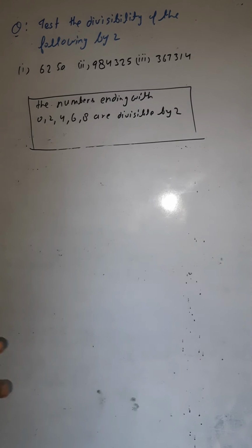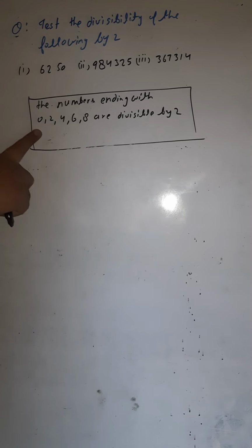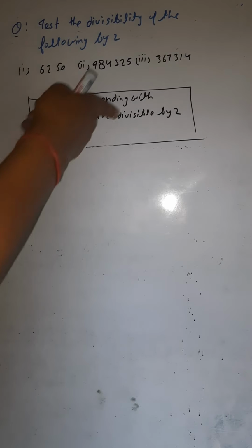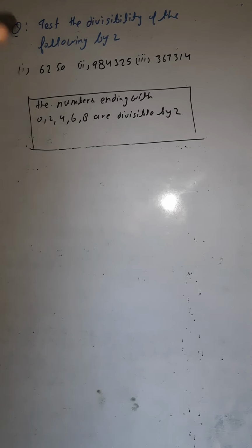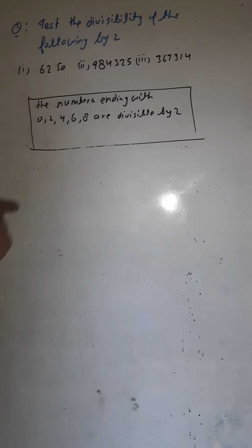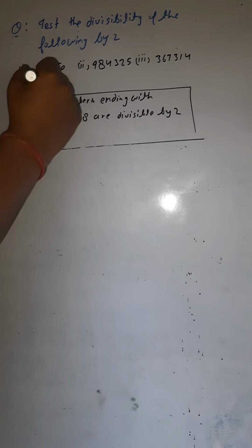Means any number which is ending with either 0, 2, 4, 6 or 8, such numbers would be divisible by 2. If the number is ending with any of these digits, then such numbers would be divisible by 2. So if you see in the first case, the number is ending with the digit 0. So here we have the example. So this is divisible by 2.